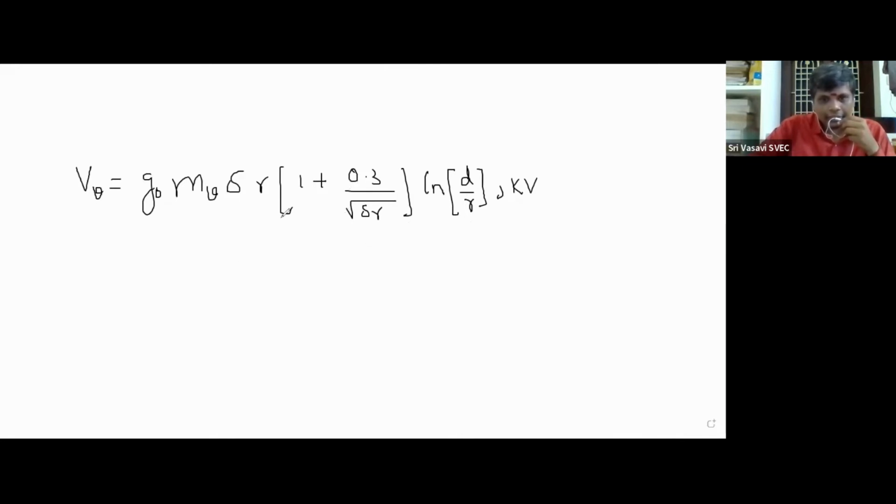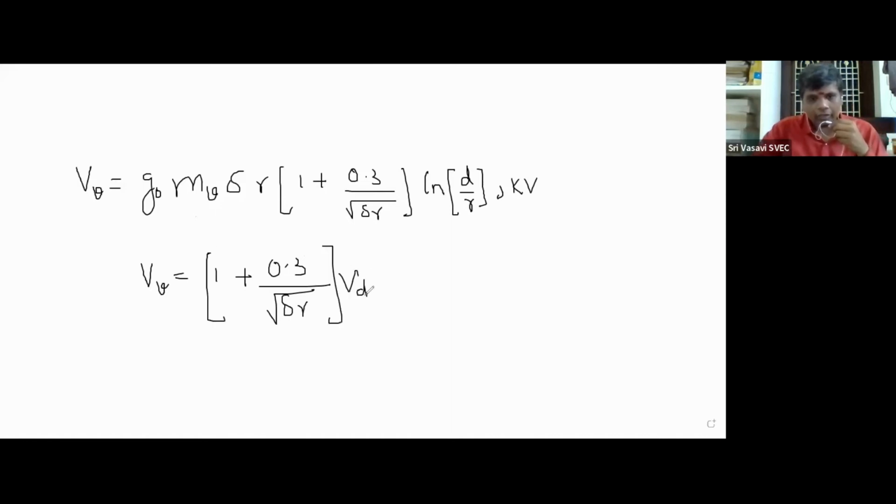So you see the difference between disruptive critical voltage and visual critical voltage: the visual critical voltage is 1 plus 0.3 by square root of delta R times the disruptive critical voltage.